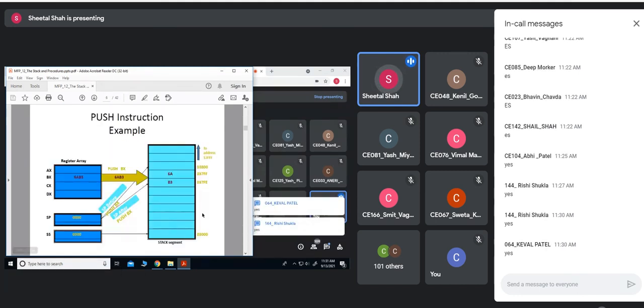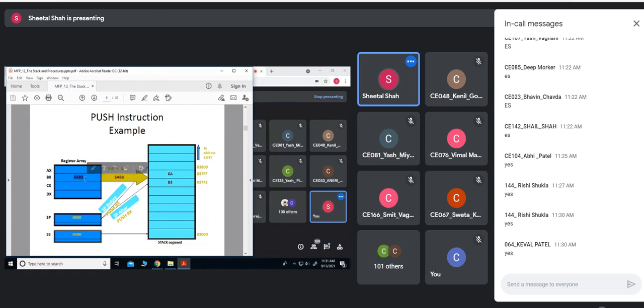So this is an example which shows how the push instruction would work. Suppose I am using the instruction push BX, and let the BX register have the value 6AB3. The stack segment SS register has the value 0300.